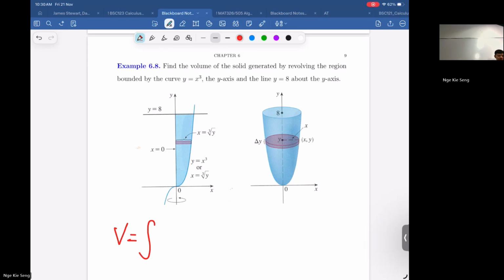Okay, you read the question and then you tell me what's the integration domain. Read the question properly. So what's the region that gets bounded? So what's your integration domain here?